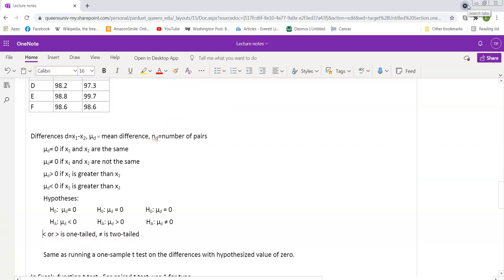But I do want you to spell out for me which group comes first. So what's X1 and what's X2. The reason for that is that it makes a difference, if you're doing a one-tailed test, which way the inequality goes. If it's two-tailed, it doesn't matter so much, but for the one-tailed, it does.